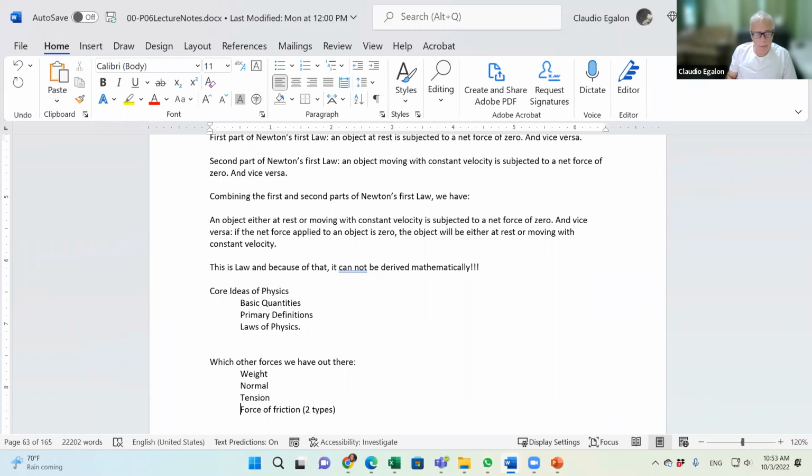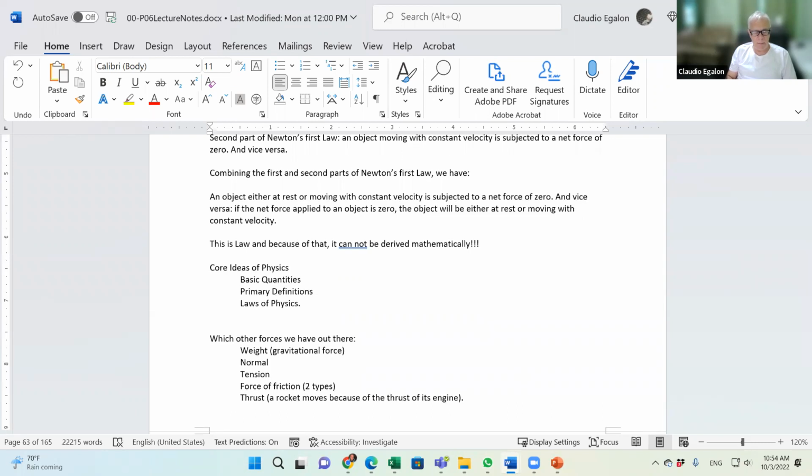The weight is a gravitational force, also has the name of gravitational force. There's the force of thrust. A rocket moves because of the thrust of its engine. That's one type of force as well.